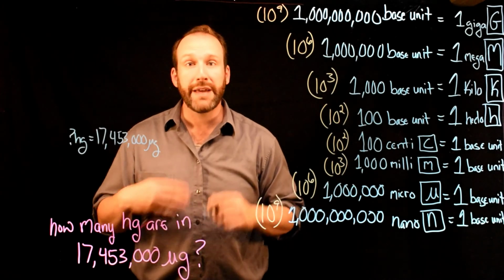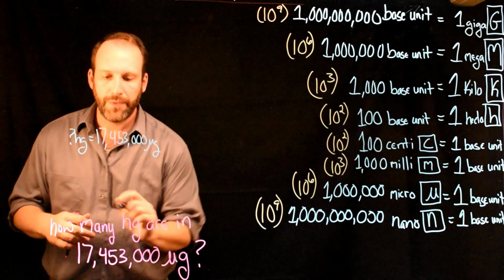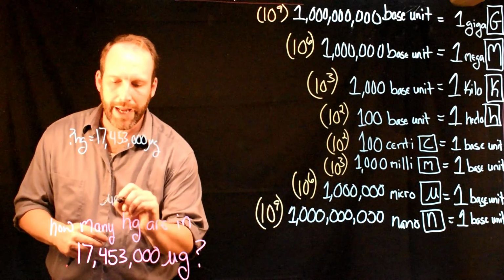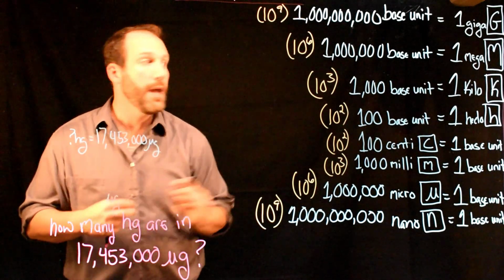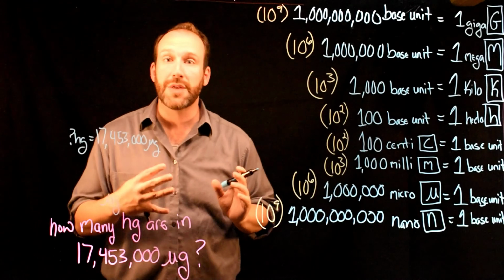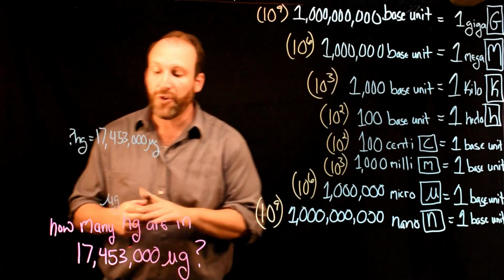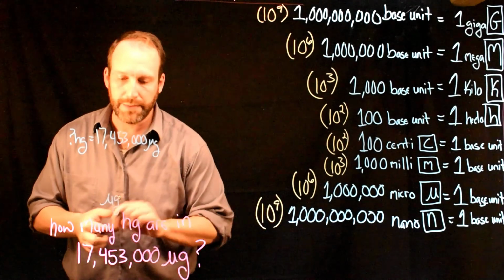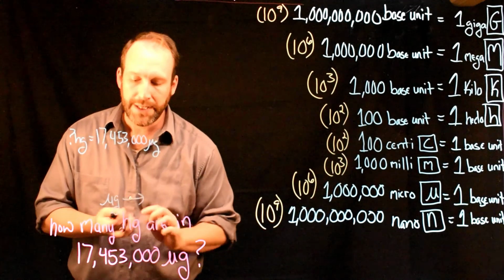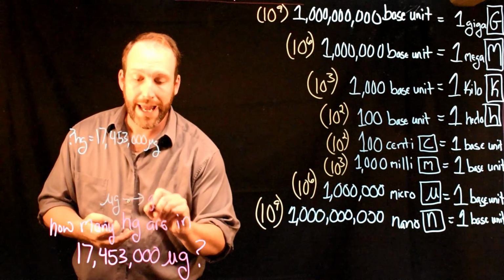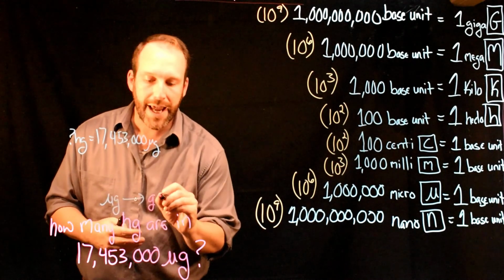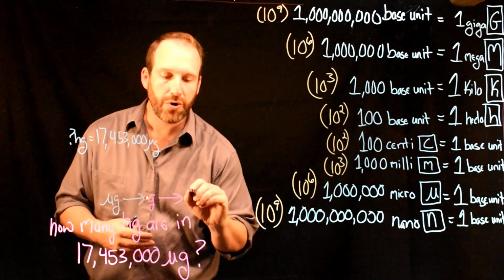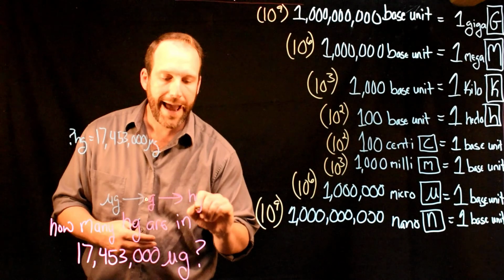The unit that we're given is micrograms, and we want to convert that to hectograms. But looking at our table, we're not able to do that directly. But what we can do first is take micrograms and convert it into grams. Once we've done that, now we can take grams and convert that into hectograms.